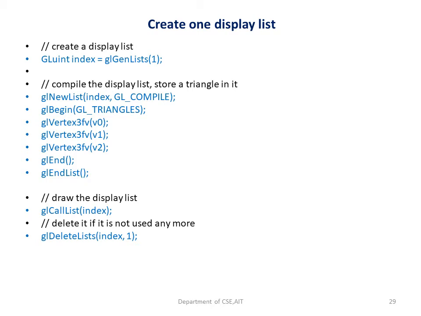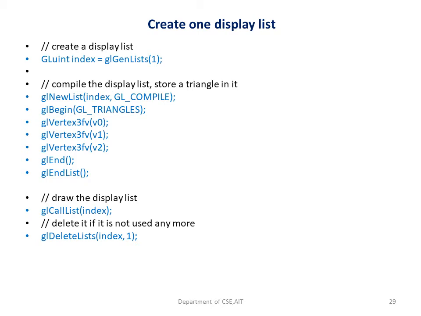After writing this, you can see that in glNewList, the first parameter is the index and the second parameter is GL_COMPILE. That means when we go for GL_COMPILE, the output won't be seen right then. It will be seen only when you go for execution.